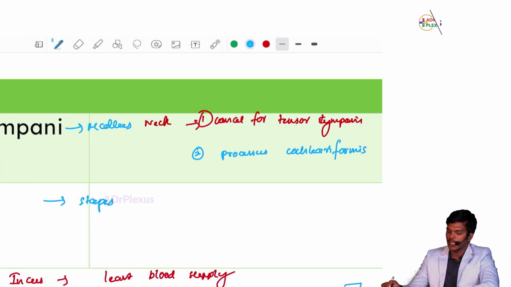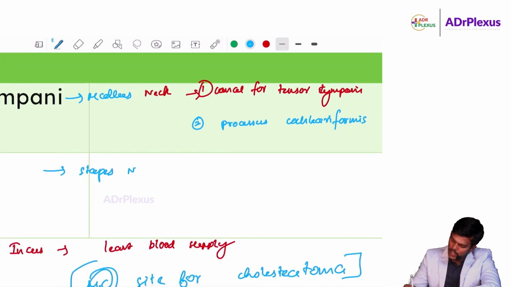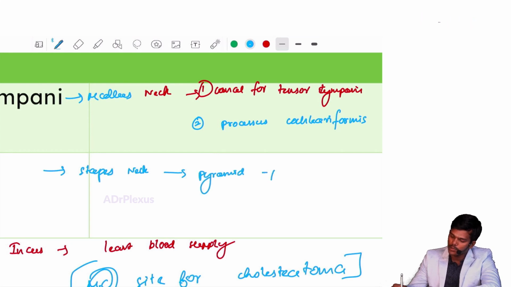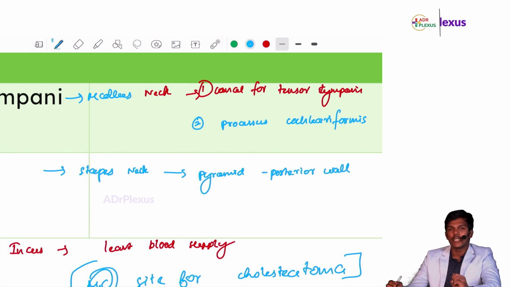Whereas stapedius has attachment to the neck of the stapes and it is also attaching to the pyramid that is present in the posterior wall.